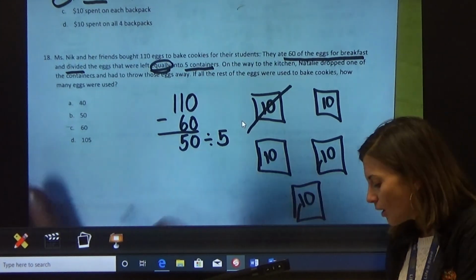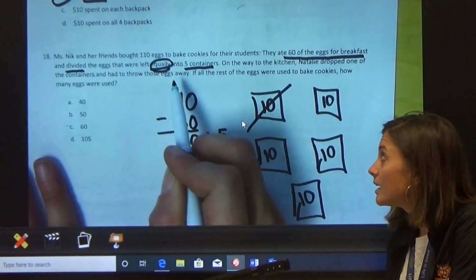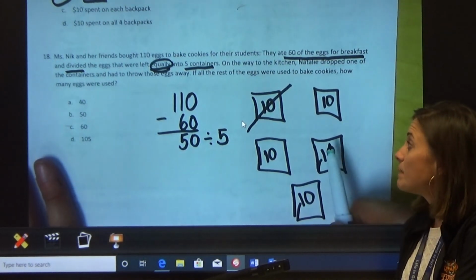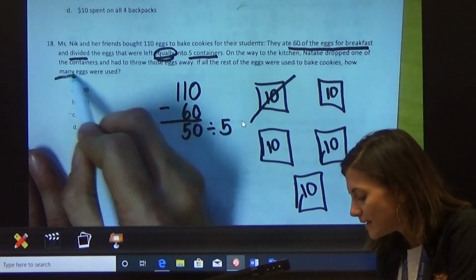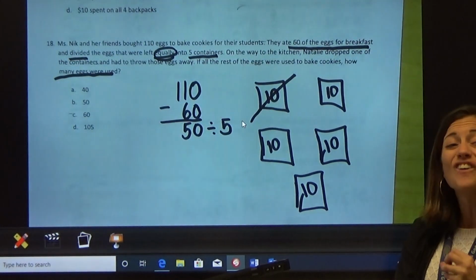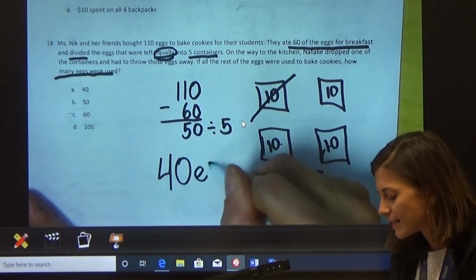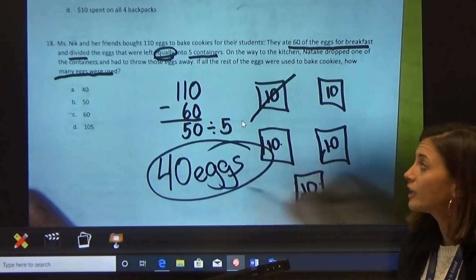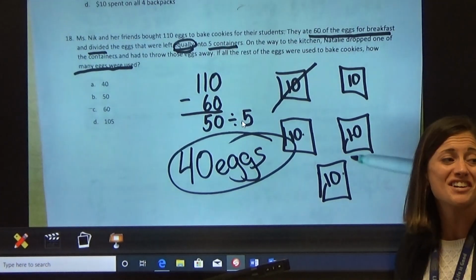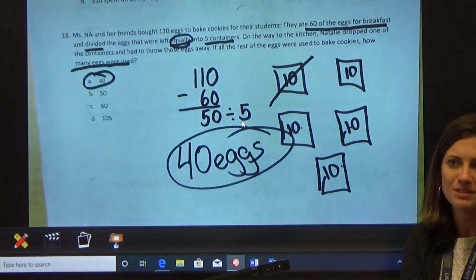So now, once I throw away those eggs, if I use all the rest of these containers to bake my cookies, how many eggs were actually used for cookies? 40. 10, 20, 30, 40 eggs actually made it into the cookies. But we were able to keep 40 of them safe for the recipe.